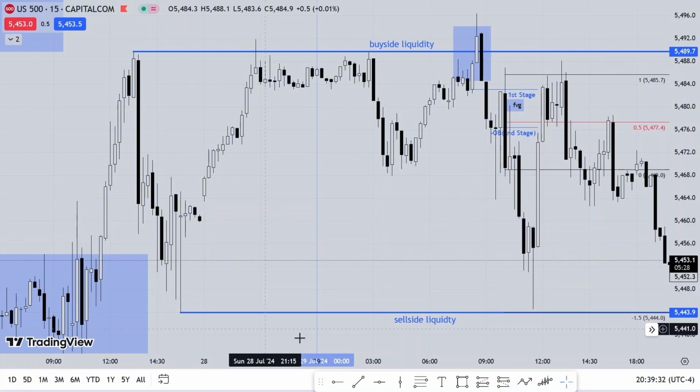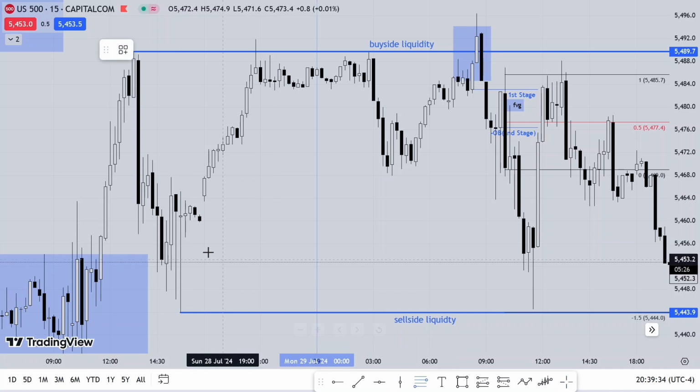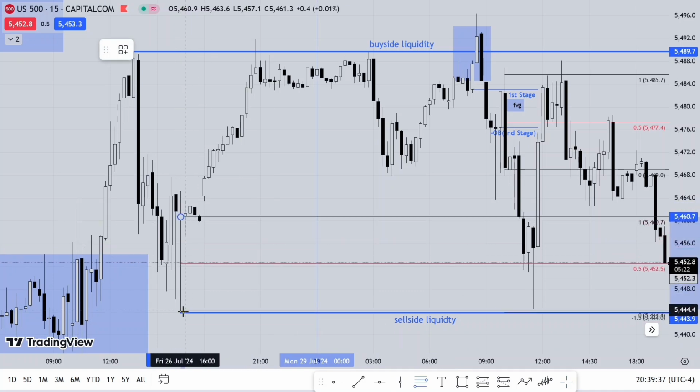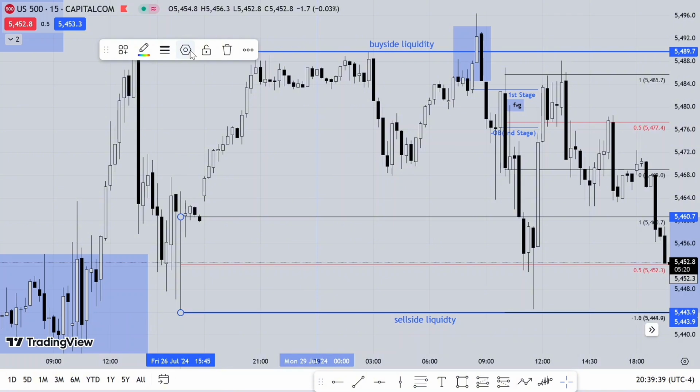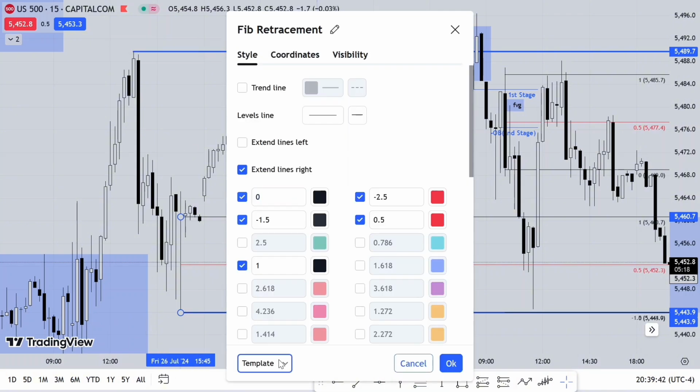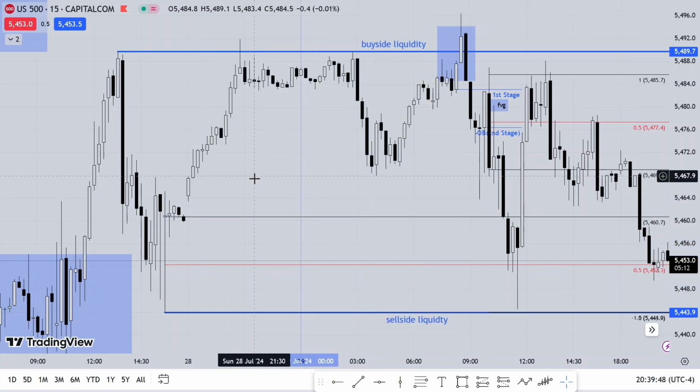week. Weeks are imbalances. So if you take these weeks and you measure the high of the week and the low of the week, you'd want to scale out something at this equilibrium point of this week.